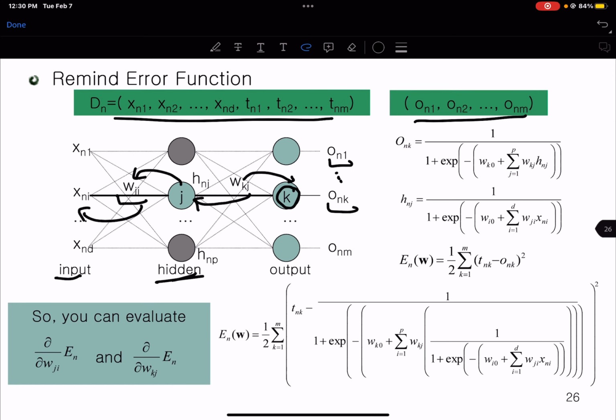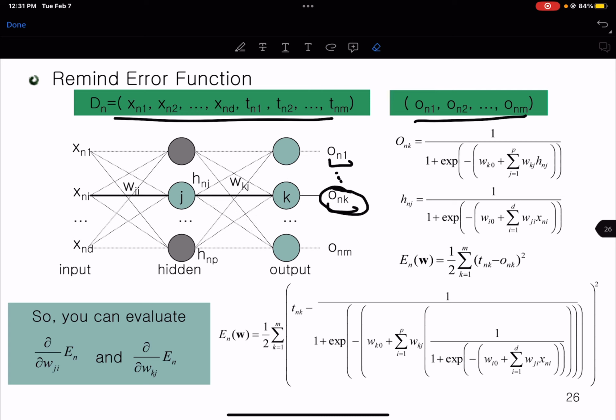And before we used y, now we are going to replace it with o as the output. So for this specific o n k, it takes the input from the previous values that are coming from our neural network.